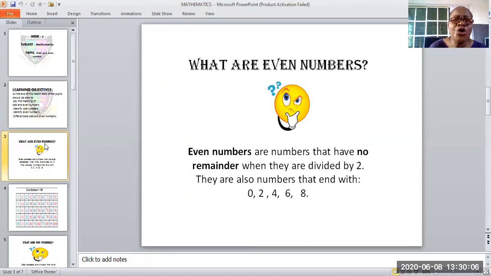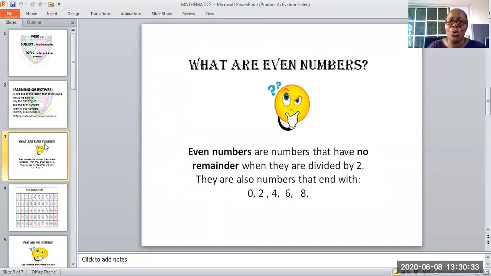Once you divide them by 2, there's no remainder. What are we talking about? Even numbers. Even numbers have no remainder when divided by 2.